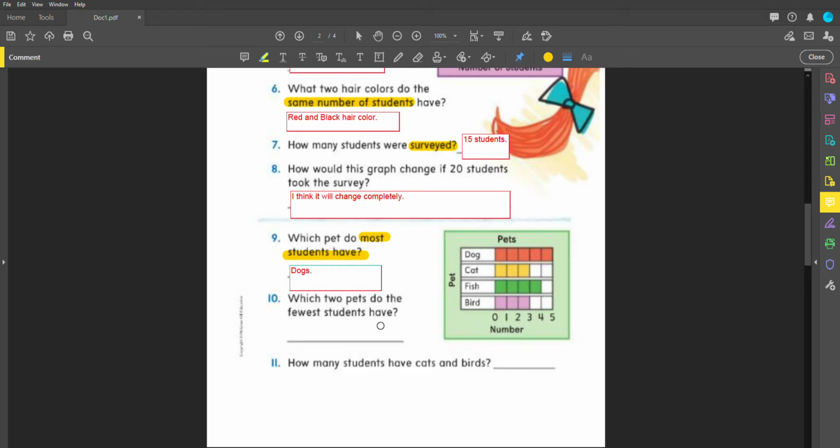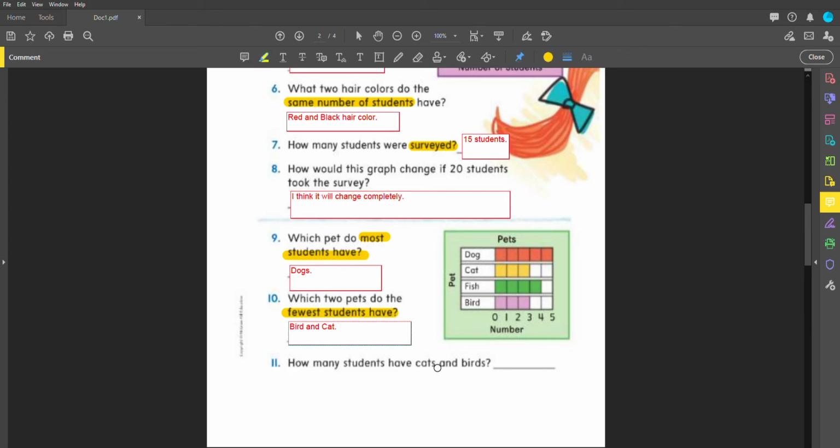Which 2 pets do the fewest students have? Fewest students have the least, the 2 pets that the students have. As you can see here, it's very clear, bird and cat. Okay.